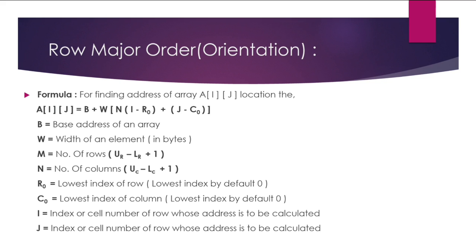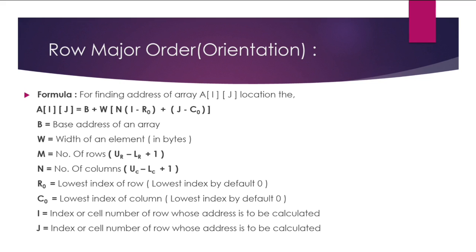You all know M and N are both rows and columns, because I told you that a matrix is a combination of rows and columns. M is row, N is column. The lowest index always starts from 0. I told you 0,0, then 0,1, then 0,2. That means 0,0 is the first location, the lowest index.